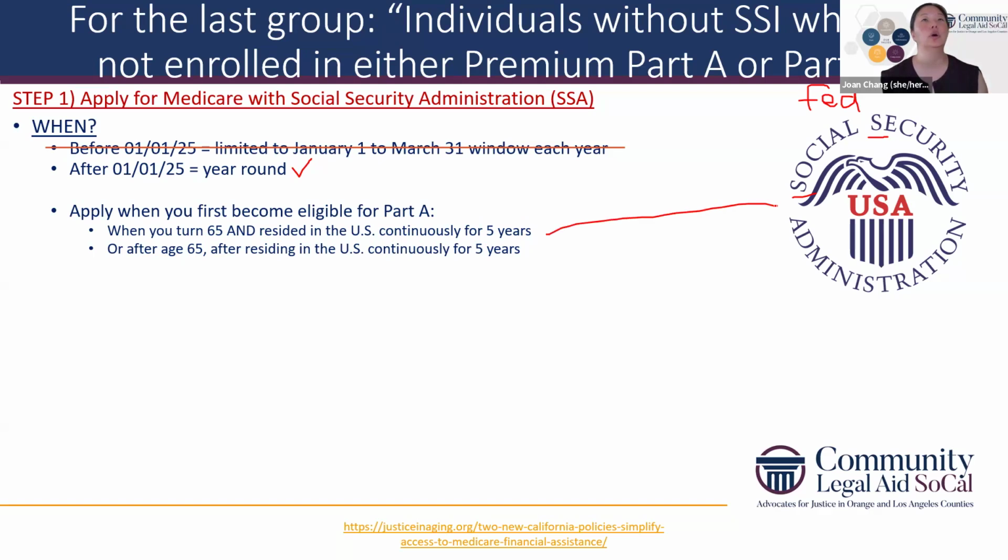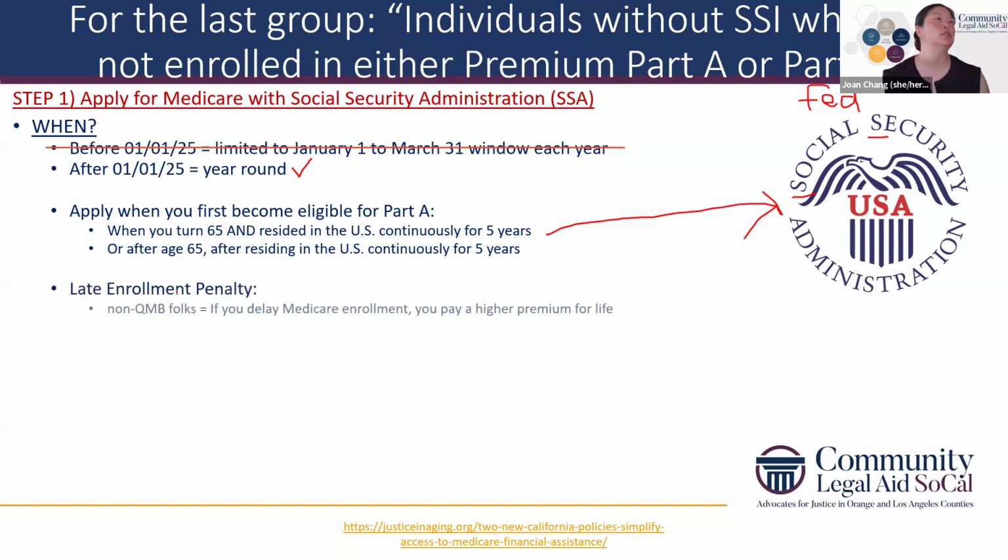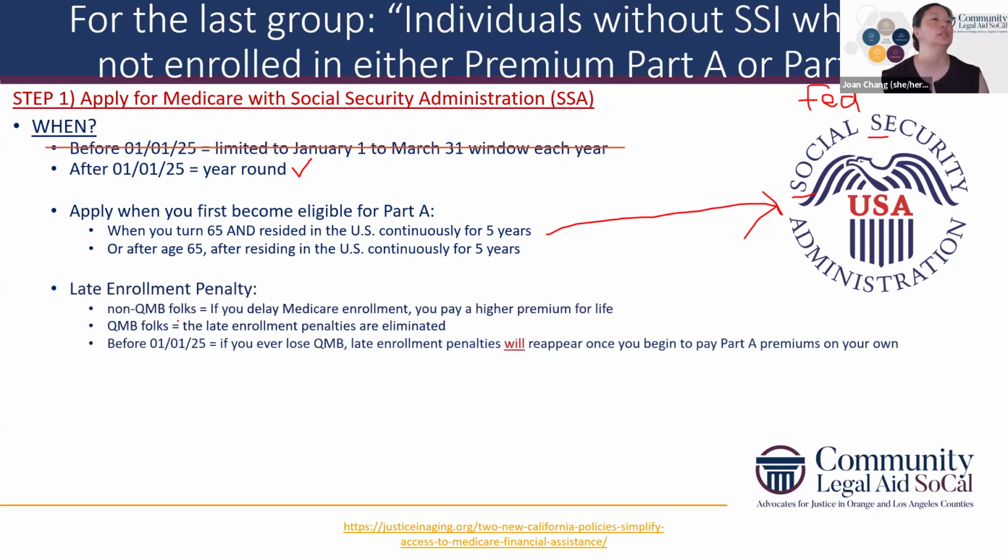That's when you're going to want to go to the Social Security office. I'm going to skip this part, it gets a little confusing, but this is more for Medi-Cal, Medicare, and QMB nerds like myself.